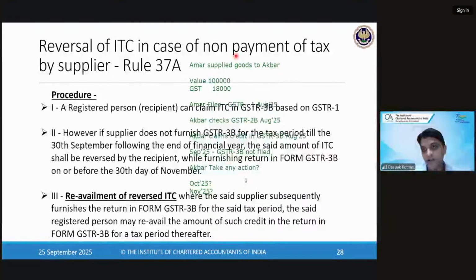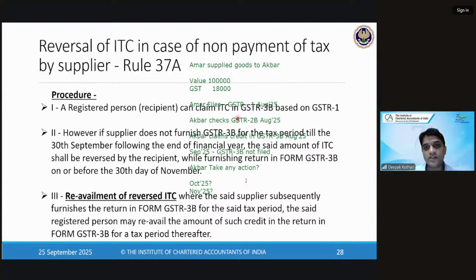From that, you will get to know whether the supplier has filed it or not. Right. Most of you have given a correct answer. The supplier has to file his return in GSTR 3B.